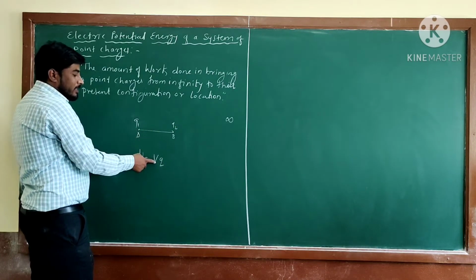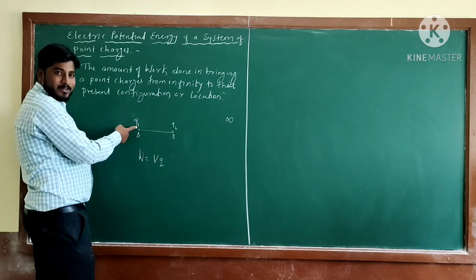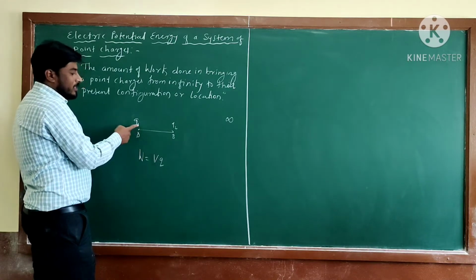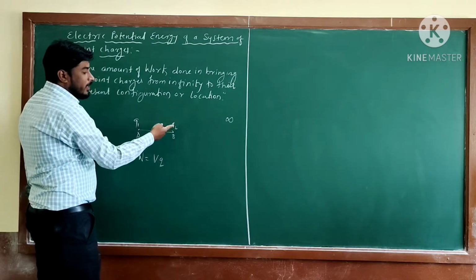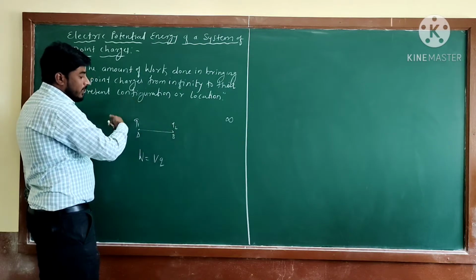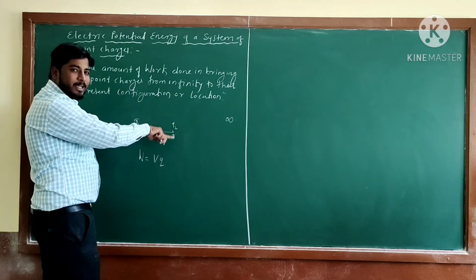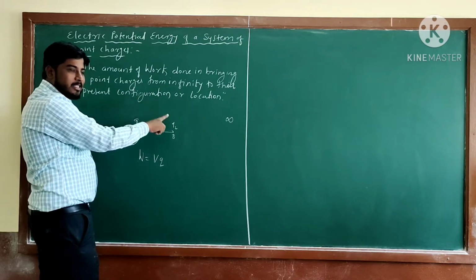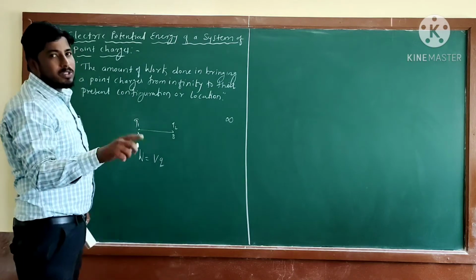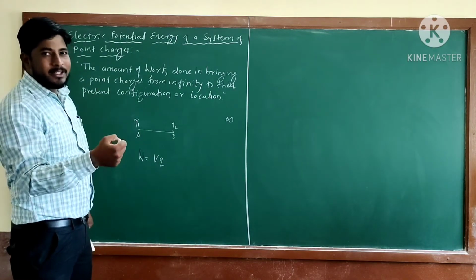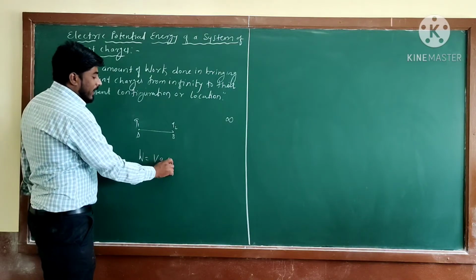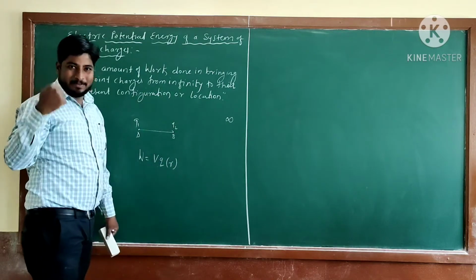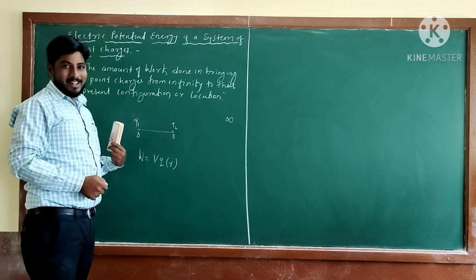This V is the potential due to this charge. When I move the charge Q2 from infinity to this point, there is already the existence of the electric field. So in the existence of the electric field, I must do some work to bring that charge. So that work is given by W is equal to VQ, where R is the position vector.